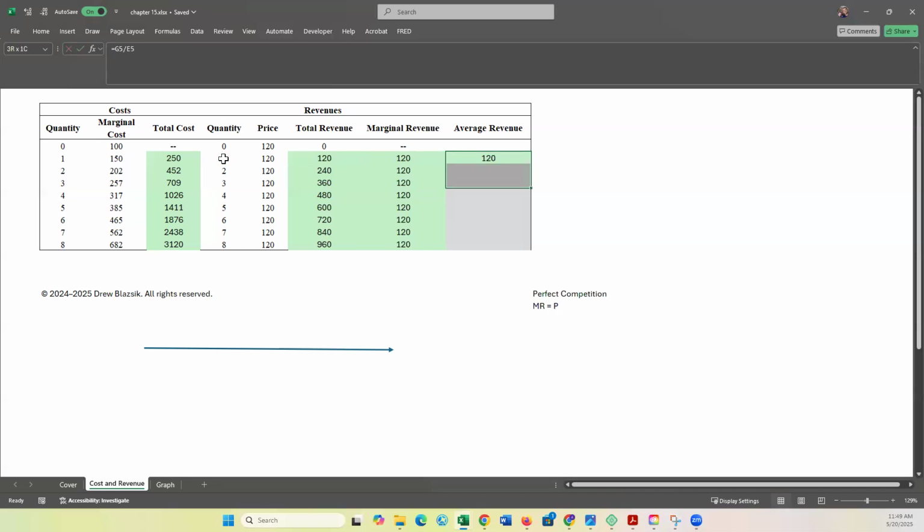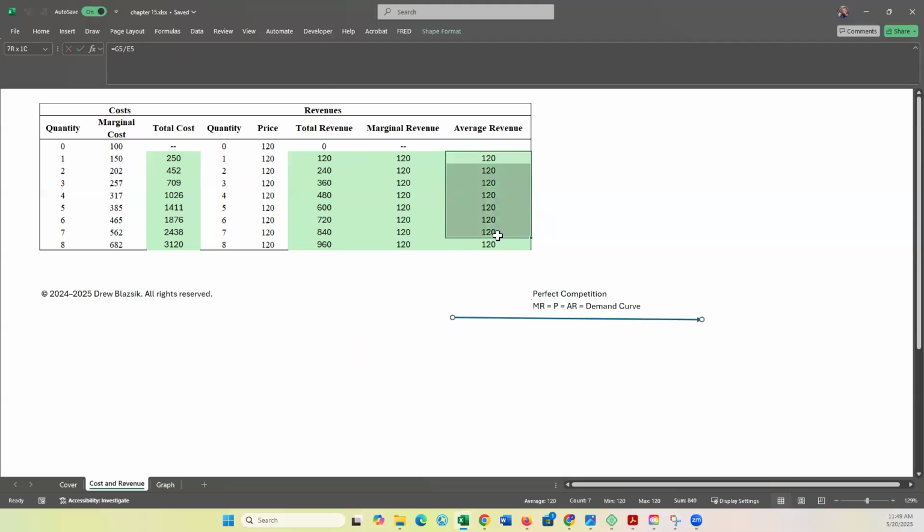And if you see what's going on here, in perfect competition the marginal revenue equals the price equals the average revenue equals the demand curve. So this demand curve is horizontal, right? It's 120. If I had to draw that graph, the y-axis would be the 120, and that's what your demand curve would look like.